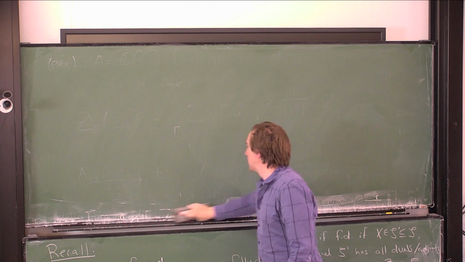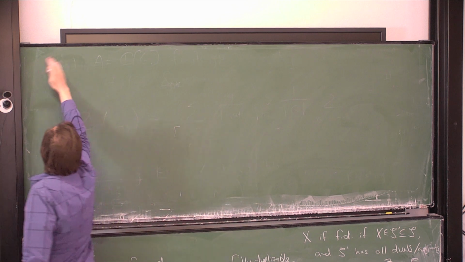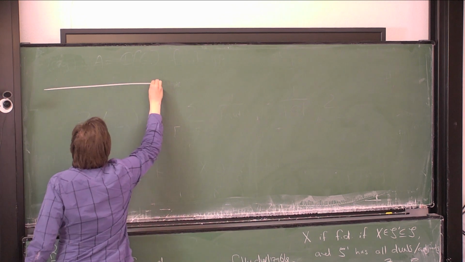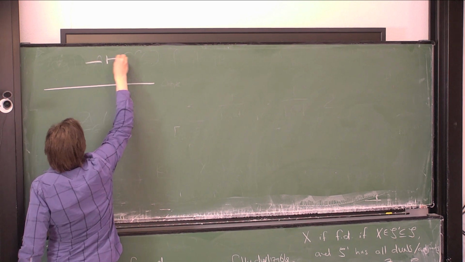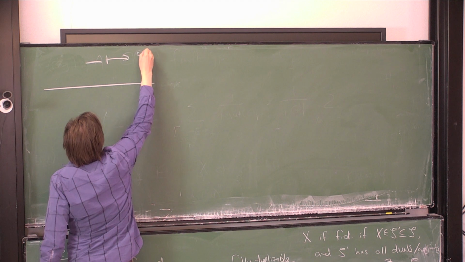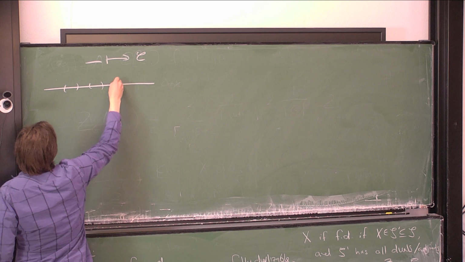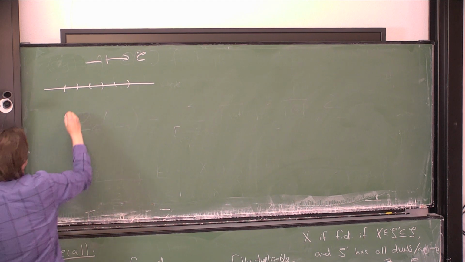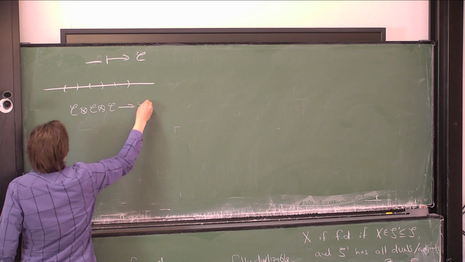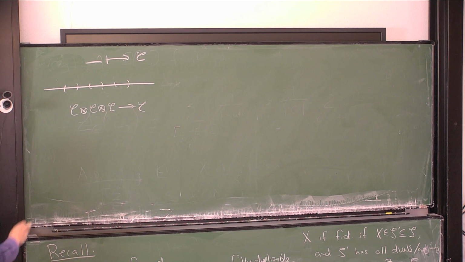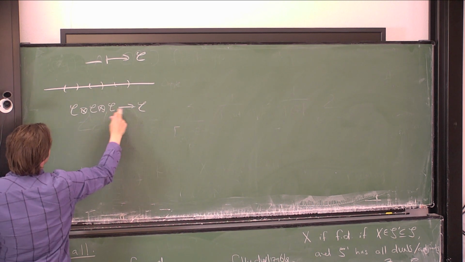Because what I've just said is that now that data is the same as saying that if I give you an interval, so first of all, an interval is going to map to some category, call it C. But what I've also told you is that if I embed a bunch of little disks inside of a big disk, that I have to give you a functor from C tensor C to C. Because this picture denotes an embedding that has to go to a functor, and it goes like that.